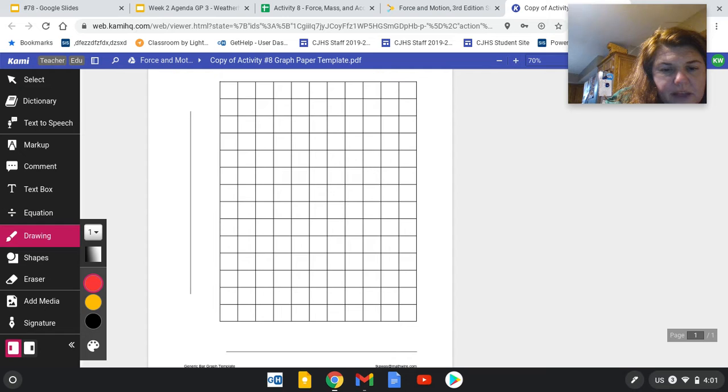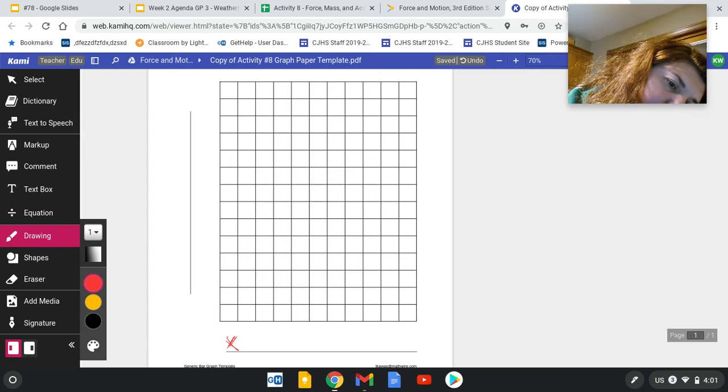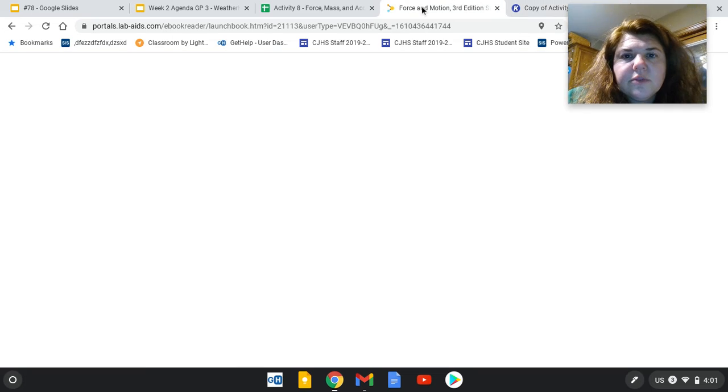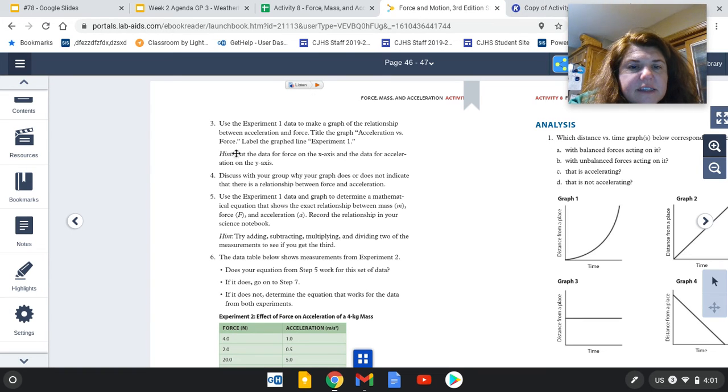But we know that down here is our x-axis, and over here is our y-axis. Now looking back at our directions, it does say hint.